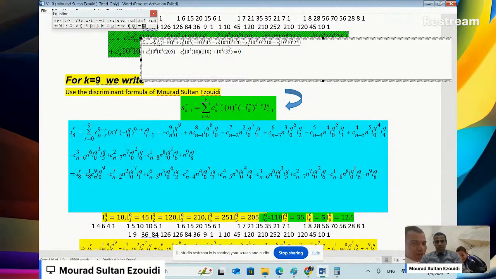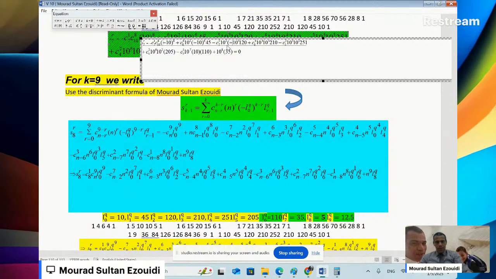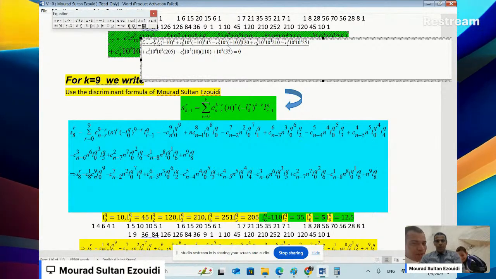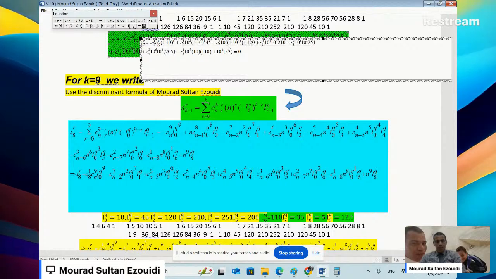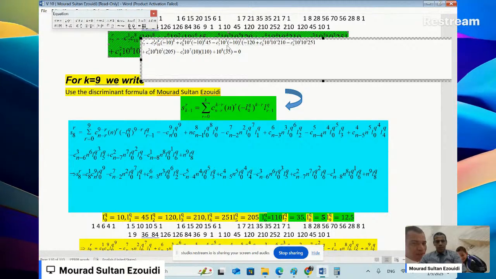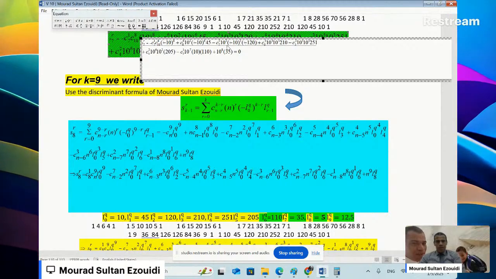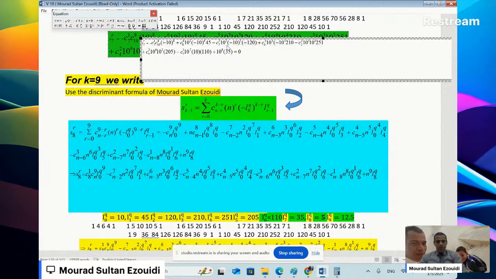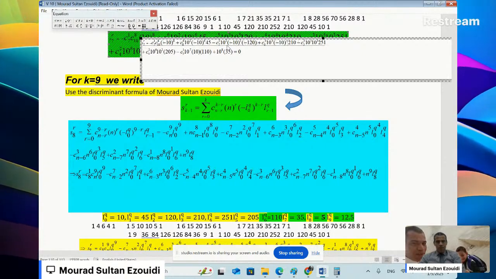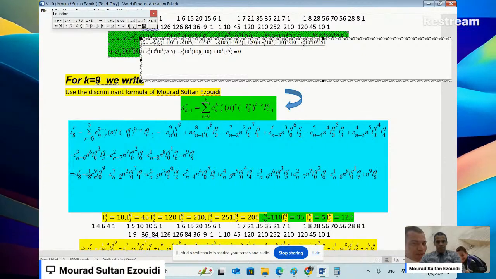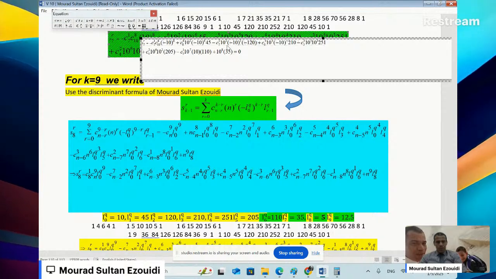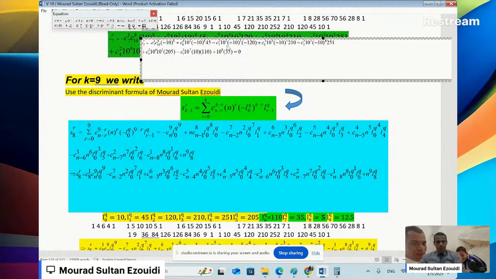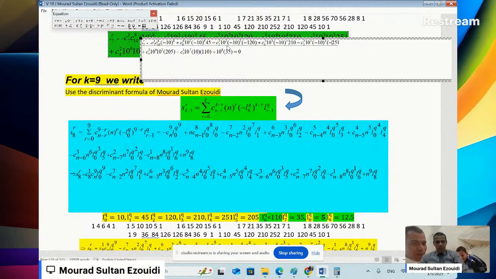This is minus 10 raised to the power 5, then multiply by minus 120. Then between parentheses negative 10 raised to the power 4 multiply by 210. Then between parentheses negative 10 cubed multiply by negative 251.